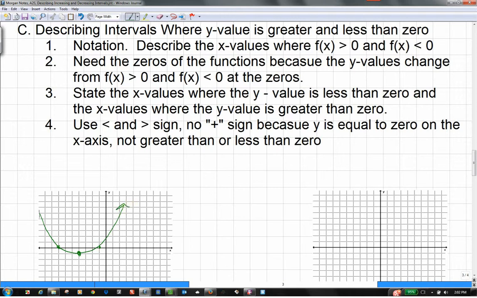Okay, now I don't care where y is increasing or decreasing. I'm concerned about where y is greater than 0. That would be all the values of y that are above the x-axis and the values of y that are below the x-axis. So if I wanted to draw that, these are the values of y that are above the x-axis.